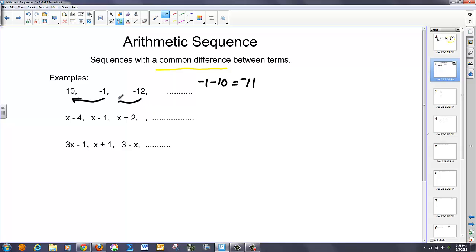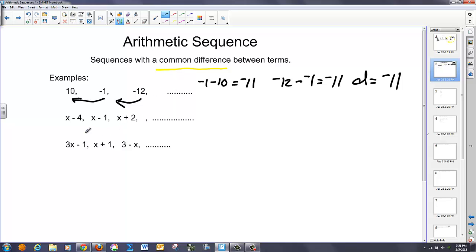And from negative 12, we always go backwards. From negative 12 to negative 1, we get a difference of negative 11. Thus, the common difference, or D, is equal to negative 11. And that continues throughout the sequence.